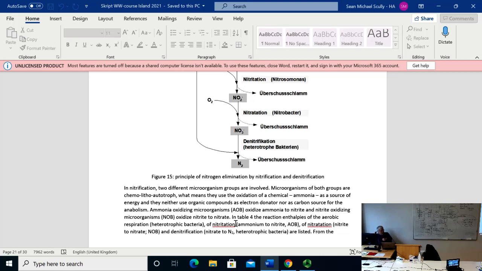But if you relate it to the kilogram of ammonia nitrified and denitrified, it's a little bit less even. That's what they claimed, but that's more or less what they told us without having a paper on it.